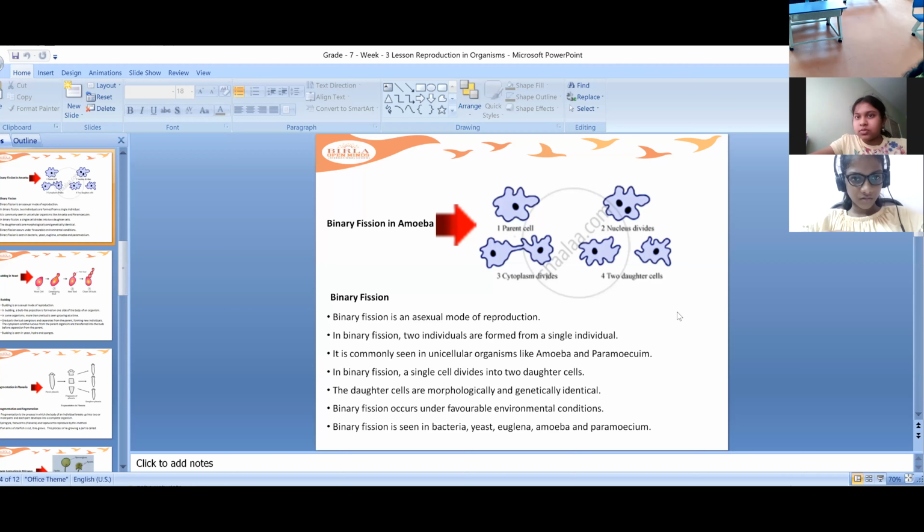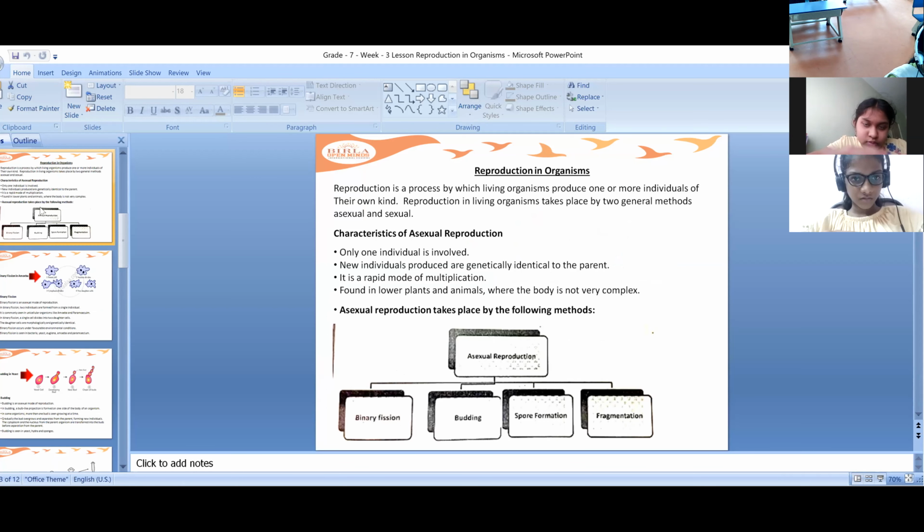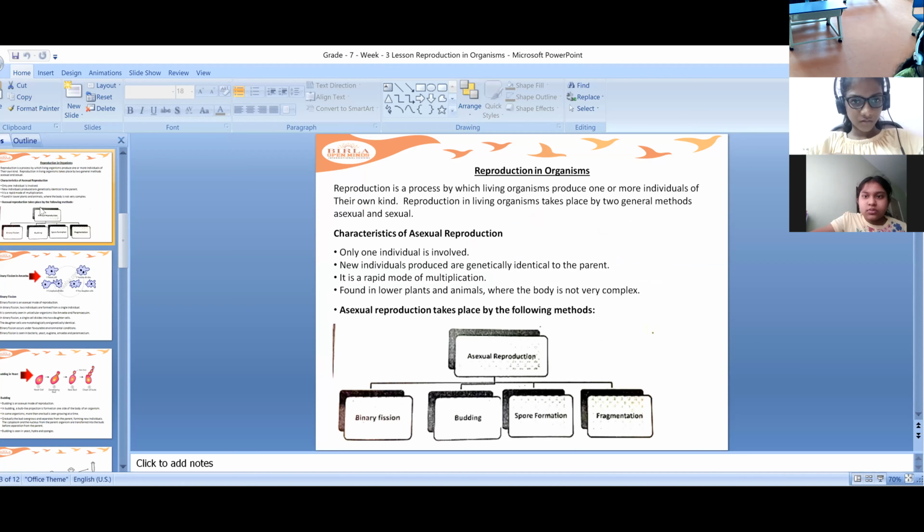Here, asexual reproduction is the mode of reproduction in which only one individual is involved. The characteristics of asexual reproduction: only one individual is involved.